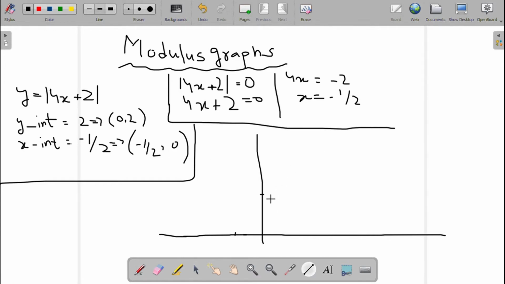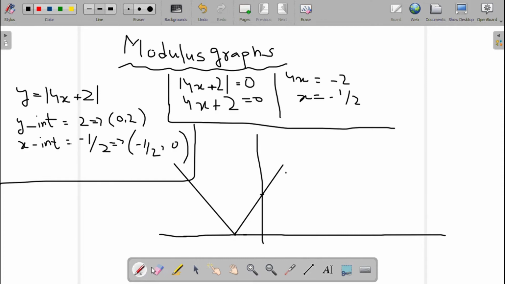So it will always be a straight V shape, like this.